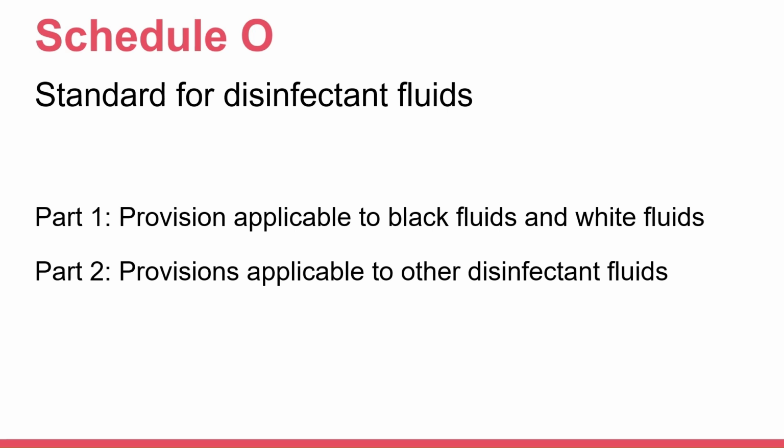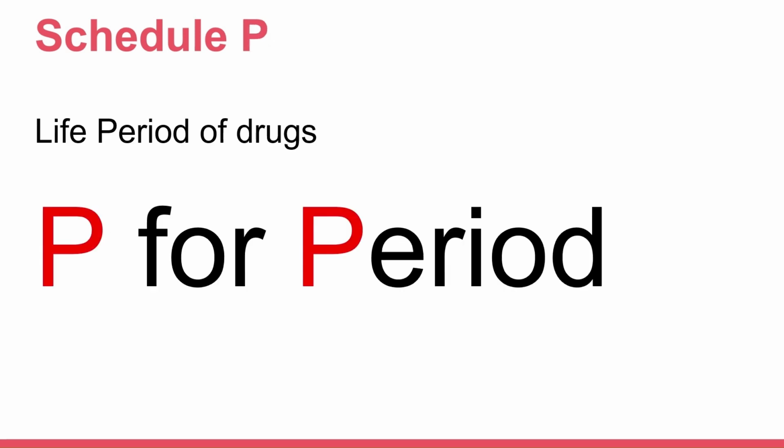From this relation, you can remember that Schedule O is for fluid droplet, that is fluid droplet of a disinfectant. Then you remember that Schedule O is for standards for disinfectant fluids.